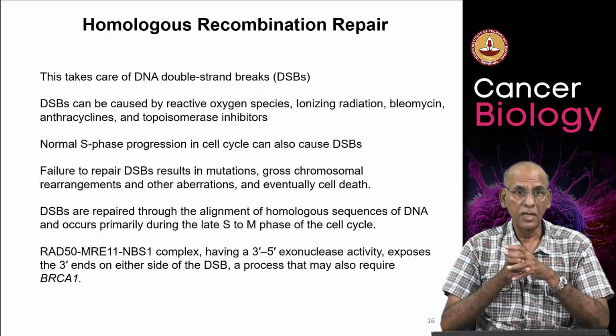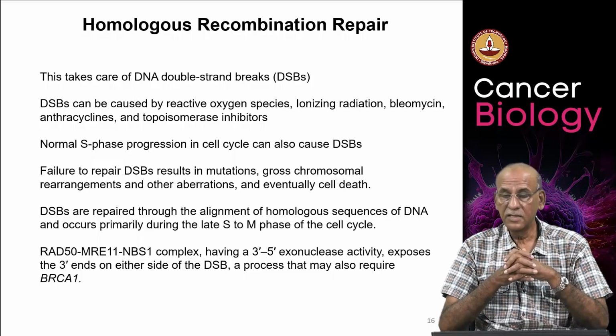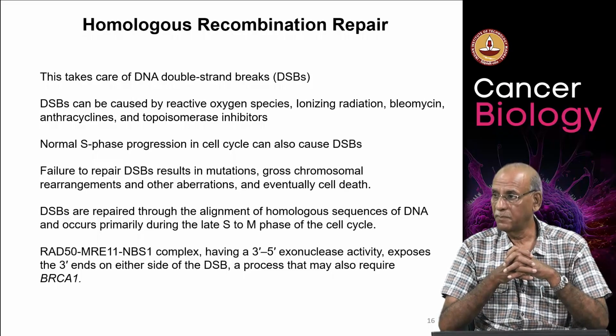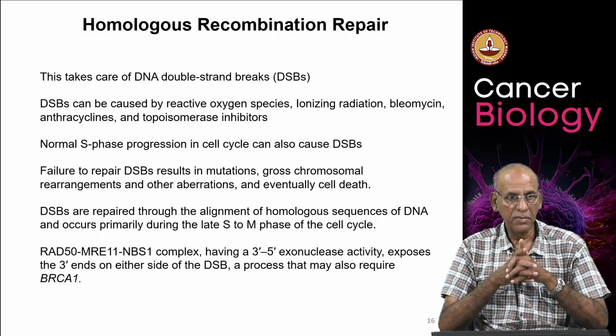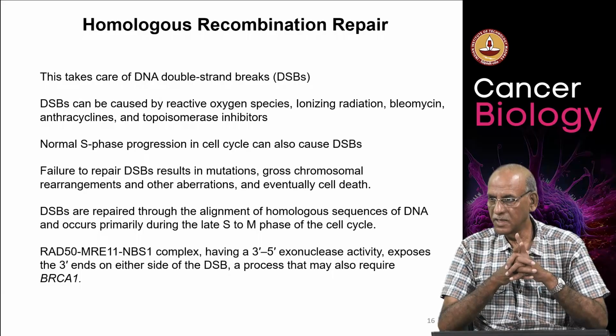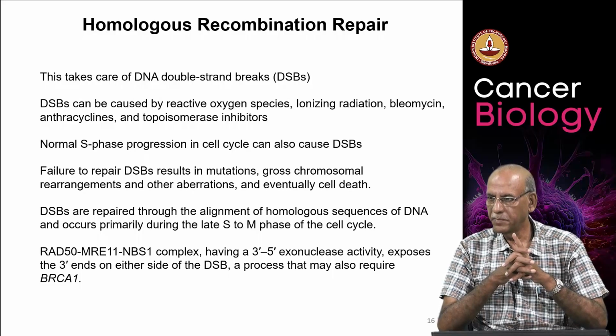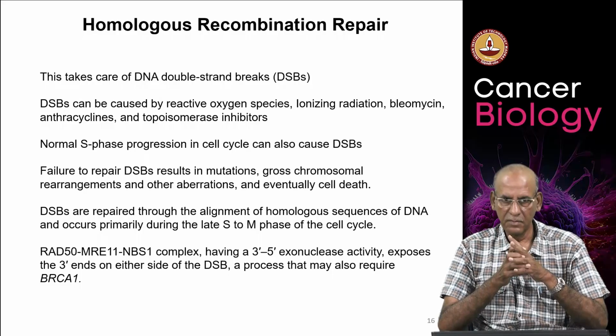Interestingly, this also requires BRCA1. Remember, BRCA1 is a gene associated with breast cancer, and all of you know that if you have inherited some mutations in this gene, you are at high risk to develop breast cancer.